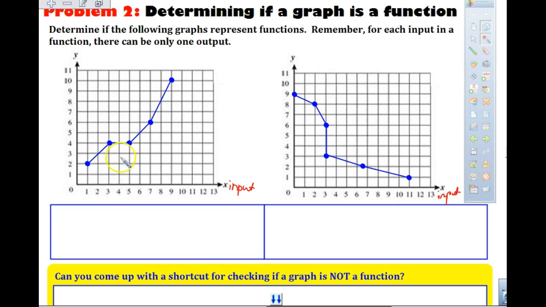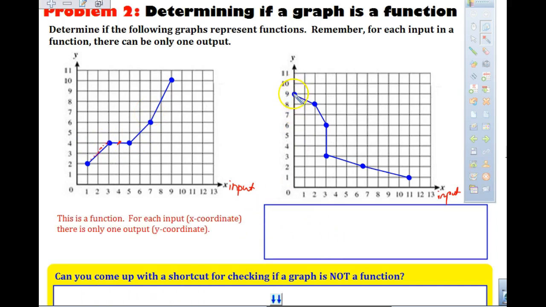Okay, and when I go to 4, I get 4. When I go to 4, do I get a different number? From that line, I only get 4, right? So when I look at that second graph, at 0 I get 9 for my input. But what happens at 3?